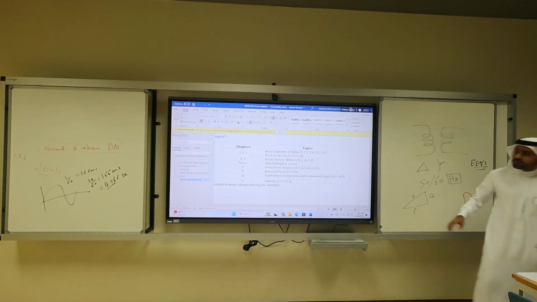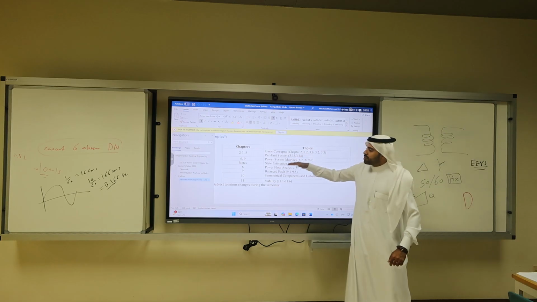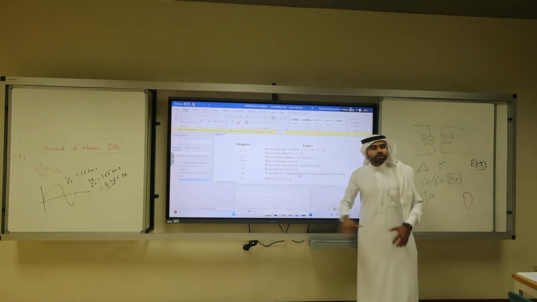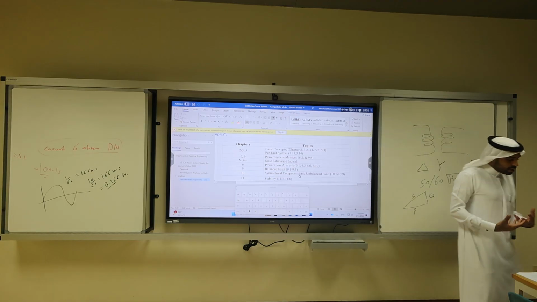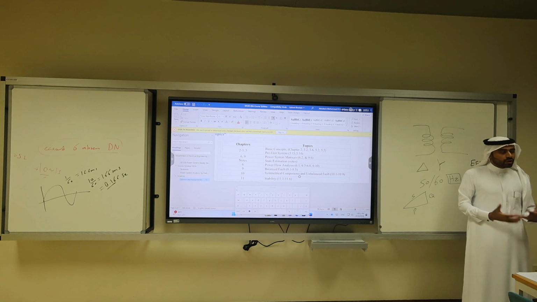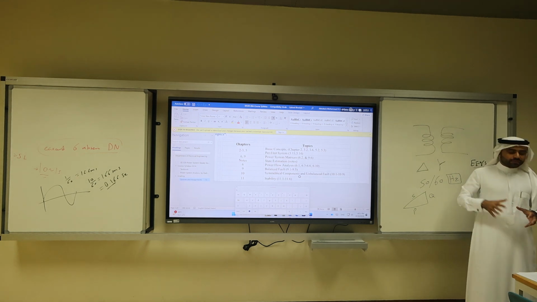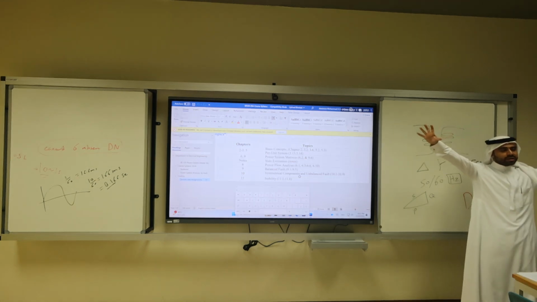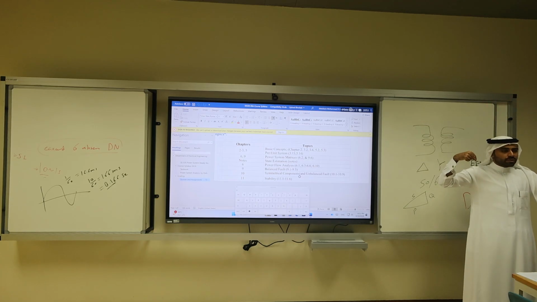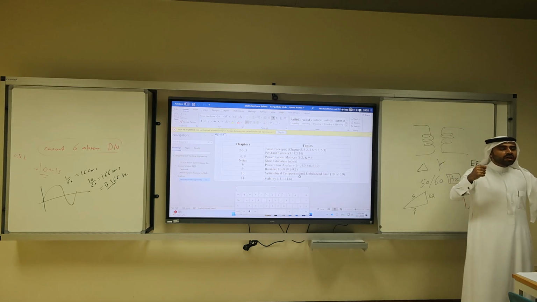Why are we doing 1, 2, 3, 4, 5? For each of these systems, the ultimate goal is to know whether the system converges or not. For example, if we have generator A, generator B, generator C, and you work with the utility, you run economic dispatch or power flow, then you allocate.